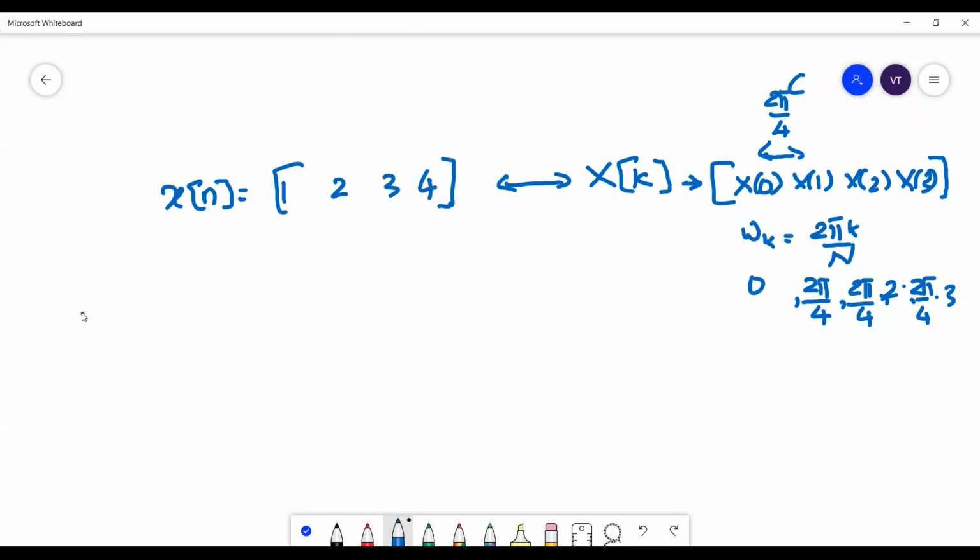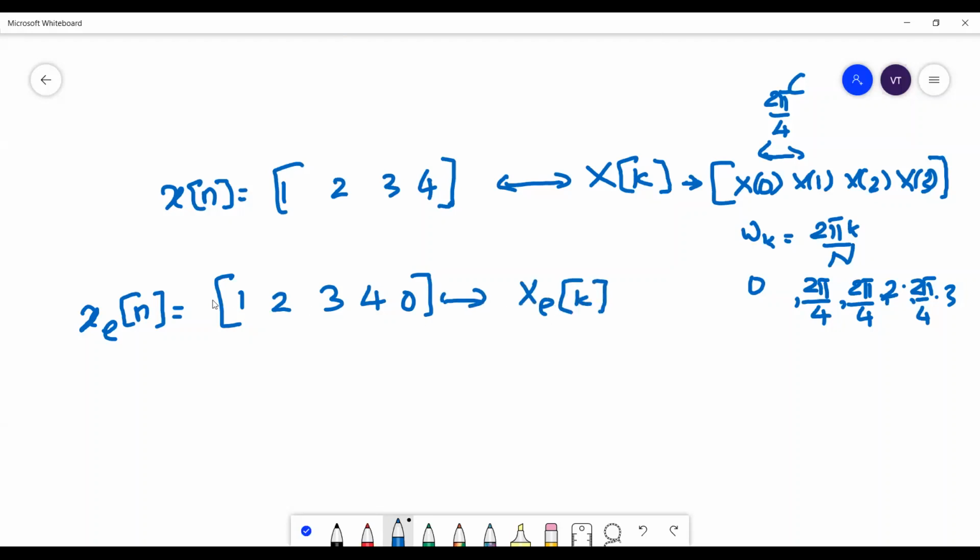Now, if I 0 pad and extend x of n, I have 1, 2, 3, 4, 0. This will give you an xe of k.